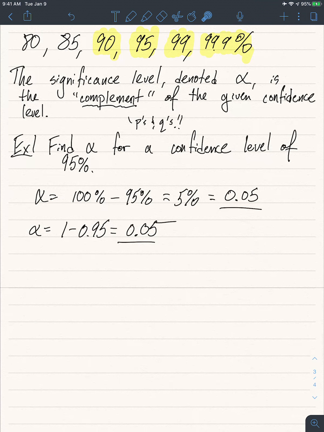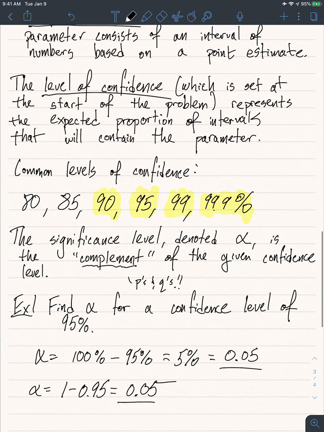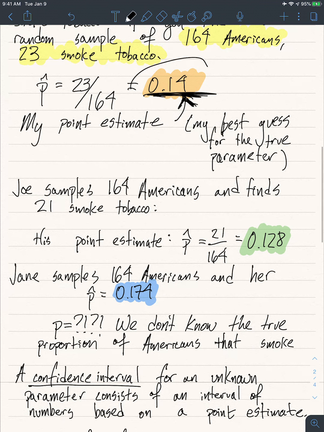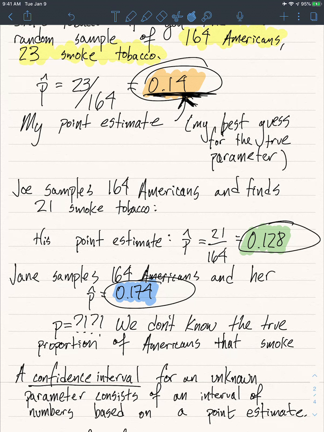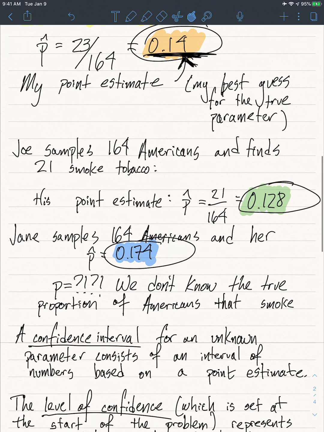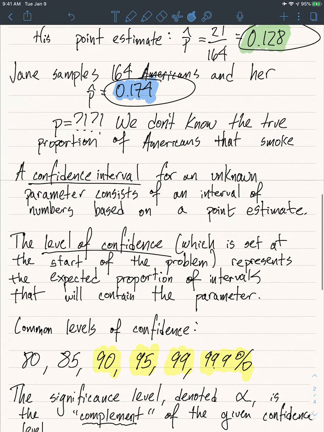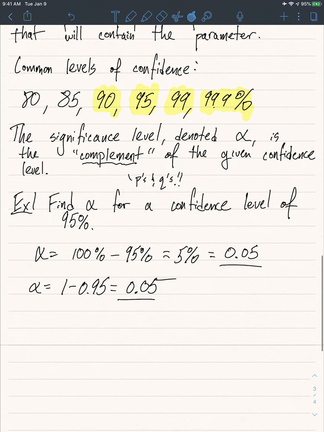So, going back and looking at these 3 point estimates that me, Joe, and Jane found, sorry about the unoriginal names, we found these different point estimates. We're going to construct intervals with a certain level of confidence that hopefully contain the true parameter.